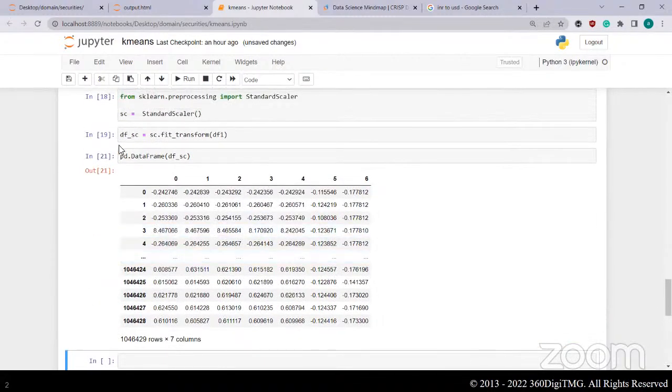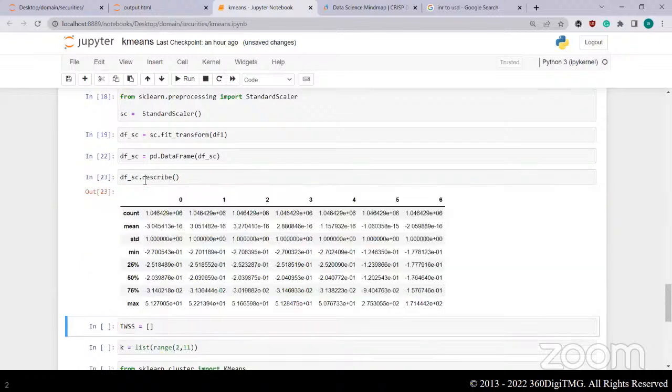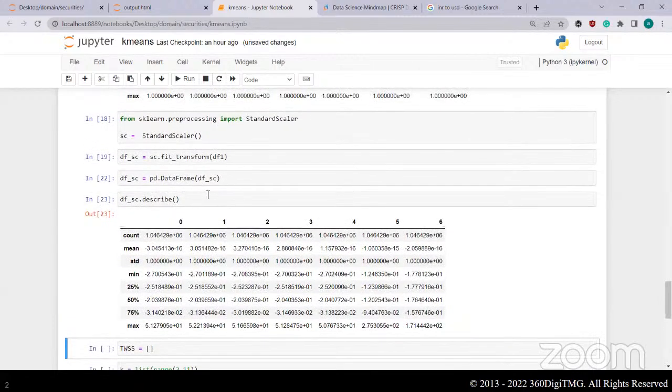So this is what standard scaled data would look like after we convert it to a data frame. So then what we can do is do the describe call. When we do the describe call, you can see that while the mean is showing some numerical values here, these numerical values are very low.